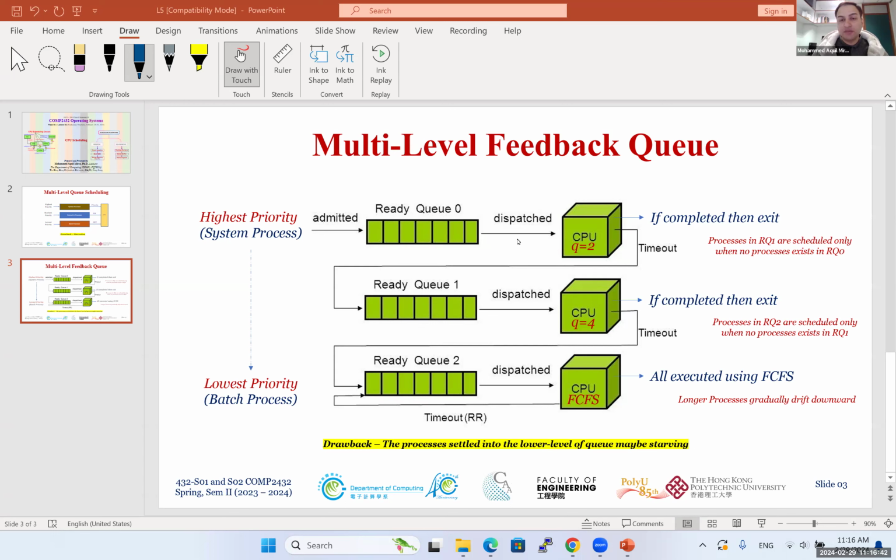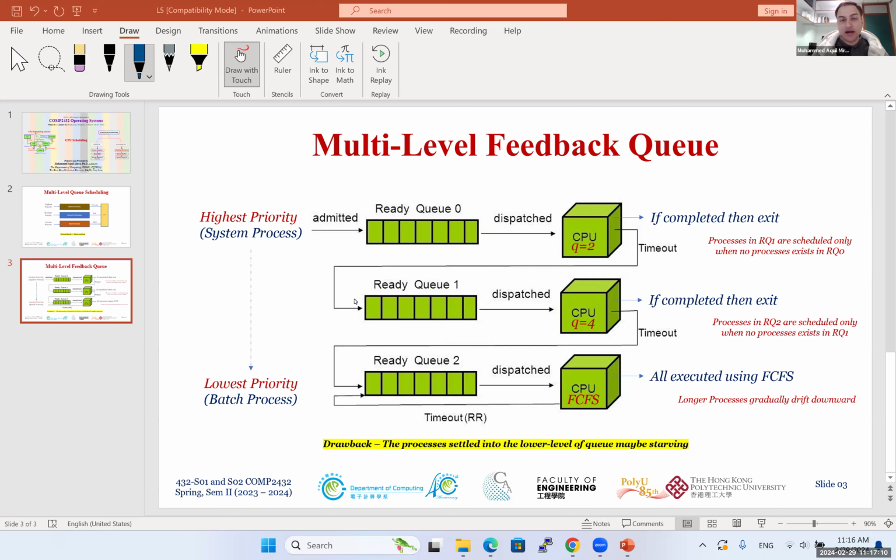Otherwise, the process will be sent to another ready queue level. That means it will not try to execute the whole process for a long duration of time. If a long duration is required for execution, it tells that process, you can go to the other queue, wait there, and get executed.